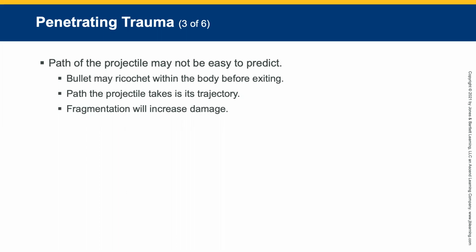The bullet might flatten out, it may start to tumble, or even ricochet within the body before exiting. The path of the projectile takes its trajectory, and fragmentation will increase damage.